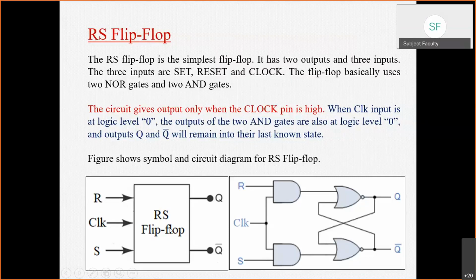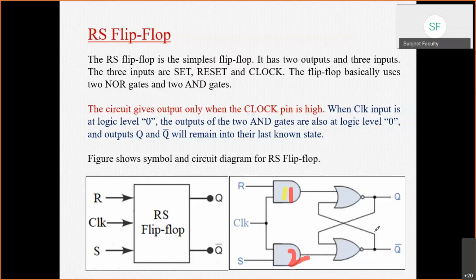Inside this box, the actual circuit diagram is like this. If you observe, these are two AND gates: this is AND gate number 1, and this is the second AND gate, and then there are two NOR gates.